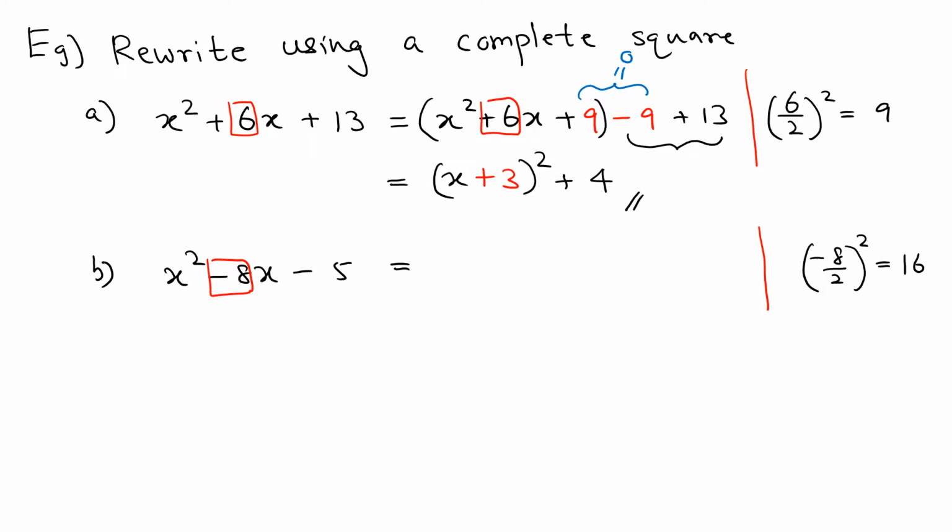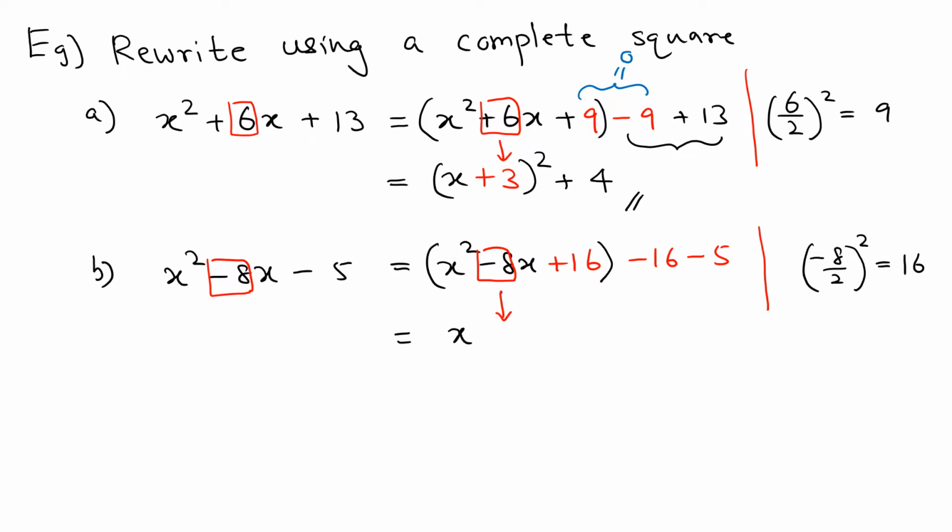So we can write this one as x squared minus 8x, and then we add 16 and then we subtract 16, and then we still have the negative 5 left. So we can collect these three terms and write them as a complete square, which is x. Half of the coefficient always goes there.